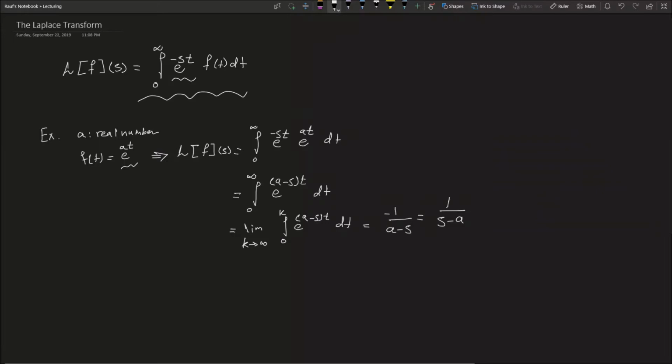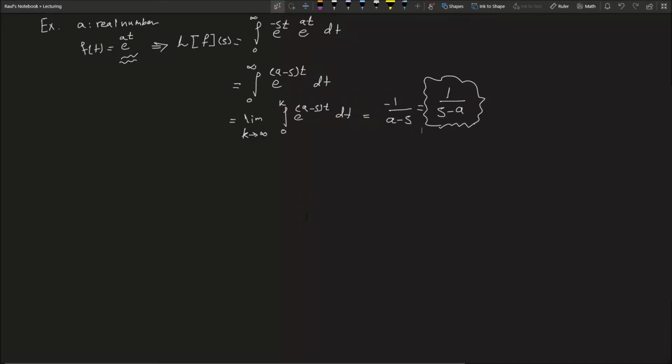So the scientists made it easier for us. Somebody did all this analytical solution, and these scientists created a table. So the next time you have e to the power of at, you know that the Laplace transformation for e to the power of at is equal to 1 over s minus a.